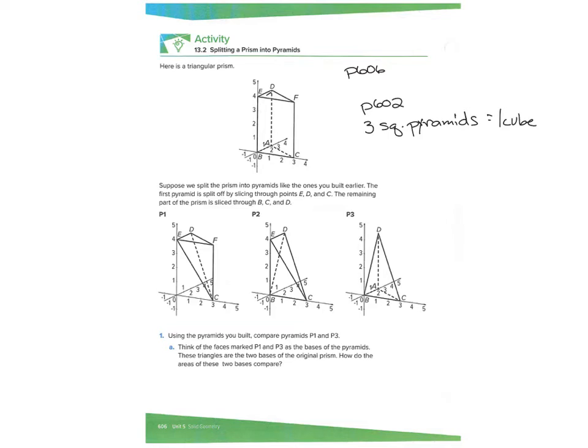So in this picture, notice that you have a triangular prism, and this is 3 triangular pyramids that if I could assemble them together, they would equal the one up above. Again, it's trying to reinforce that the volume formula for a pyramid is 1/3 times your base area times your height, because it would take 1, 2, 3 pyramids to fit into your prism. So take a look at this page 606 on your own time, please.